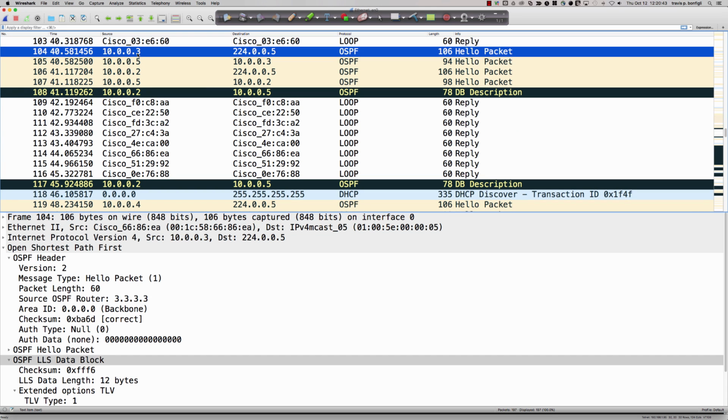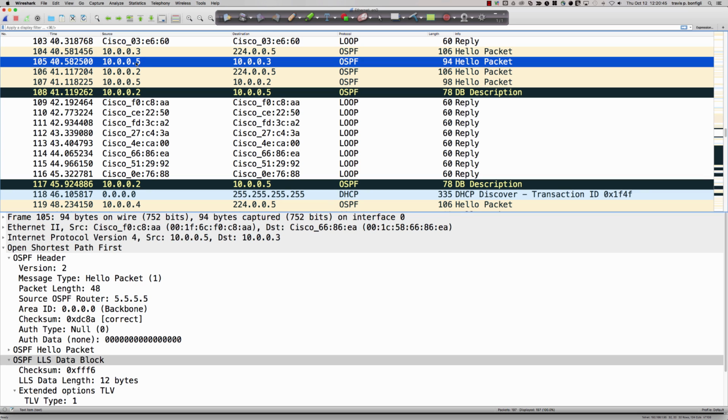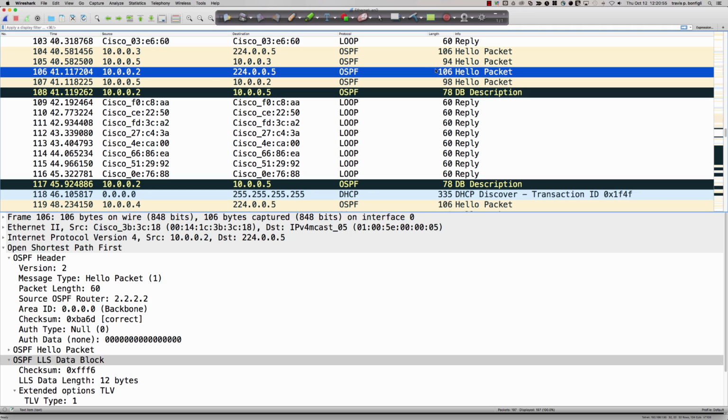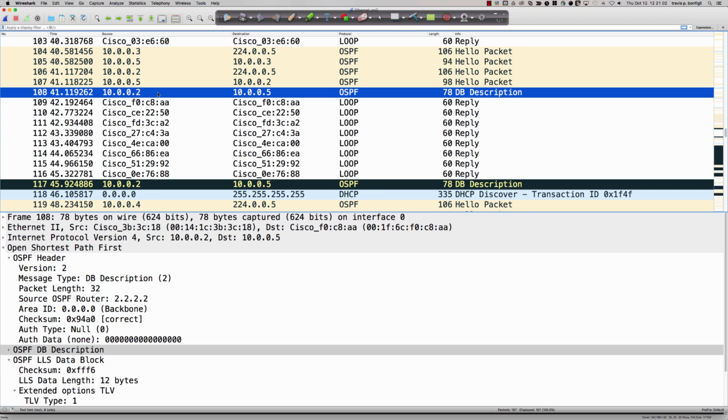And then 3 sending his hellos, and now 5 has heard 3. So he sends a hello packet unicast directly to 3. And then 2 sends a hello packet out, because remember at this point, 2 was our DR. And then 2 is responsible for sending the database descriptor packet over here, right?